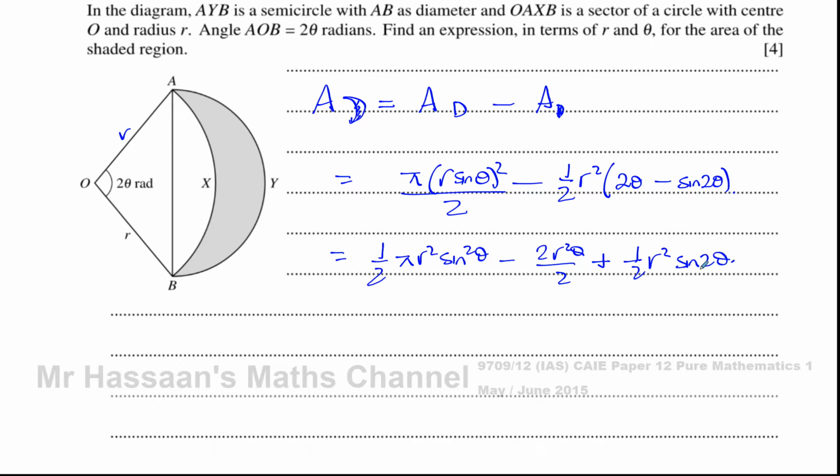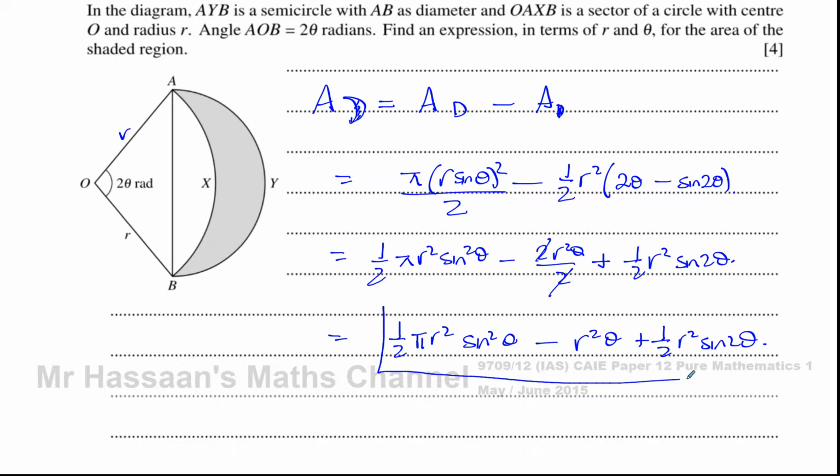Okay, so that is basically our area, and that can simplify. So we have a half pi r squared sine squared theta minus r squared theta plus a half r squared sine of 2 theta. And that's, I think, as simple as you can get here. And here we have the answer.